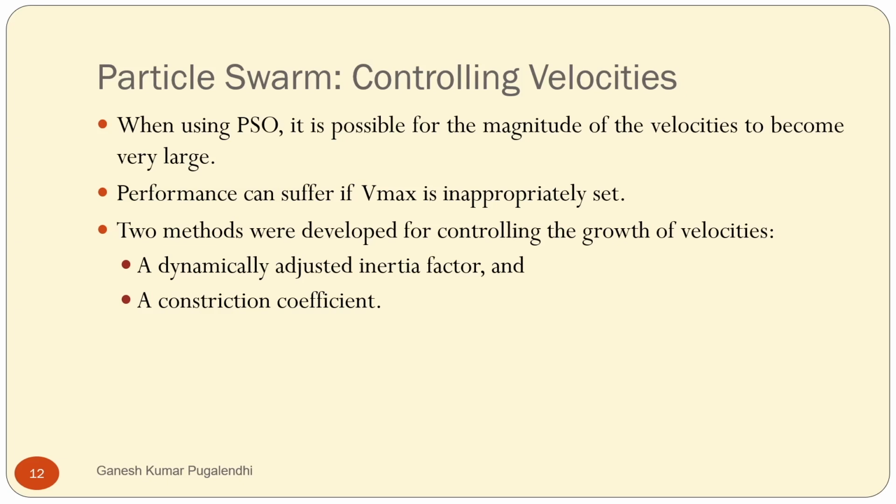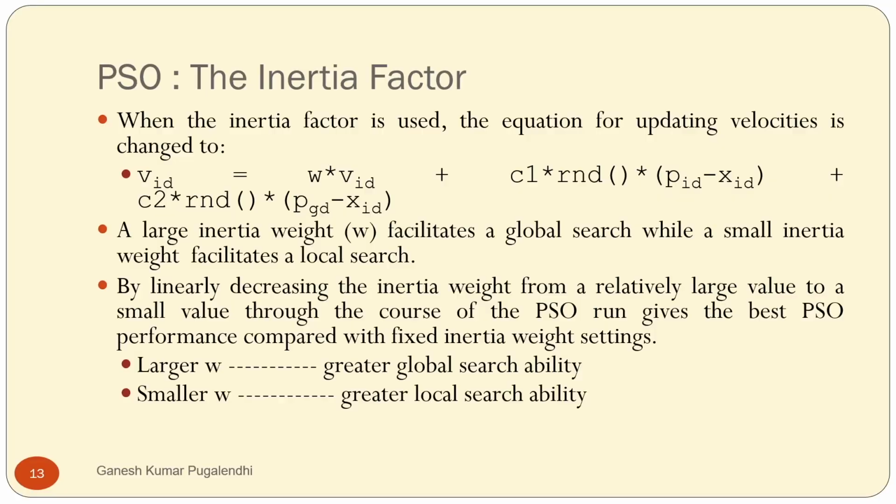In order to control the explosion of the particle due to the high velocity, we can have something called an inertia factor, and it has to be dynamically adjusted over the period of time. And you have another factor called the constriction factor. These two act as controlling measures against too much growth of velocity.